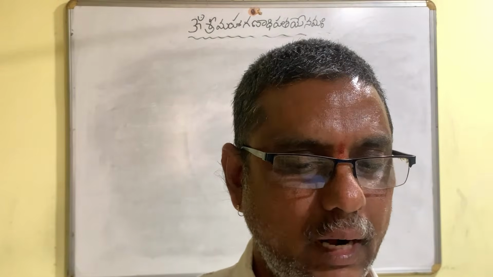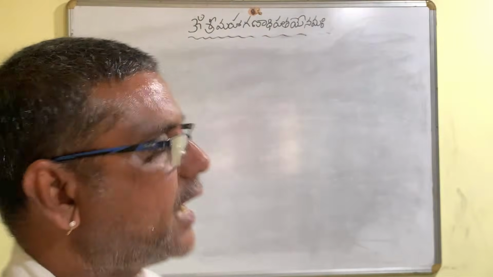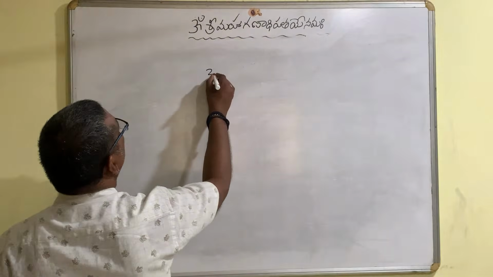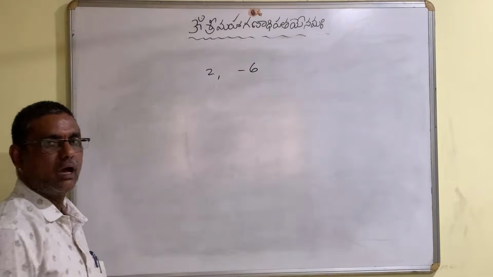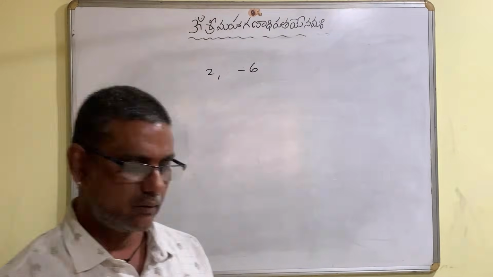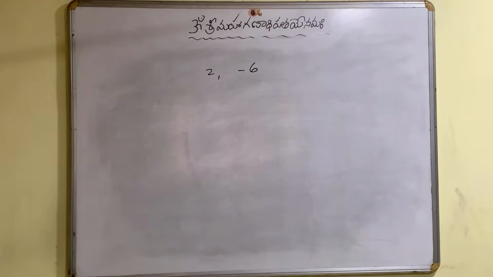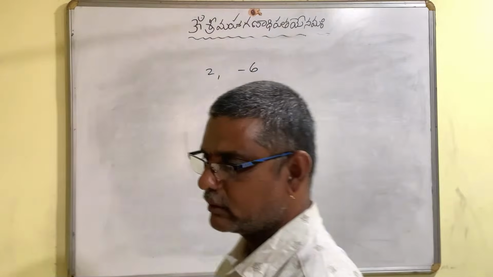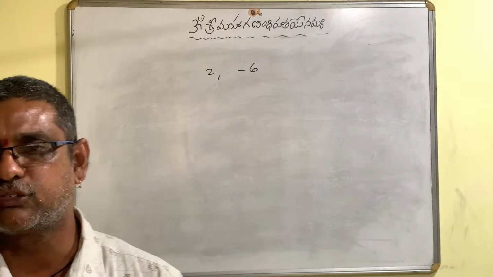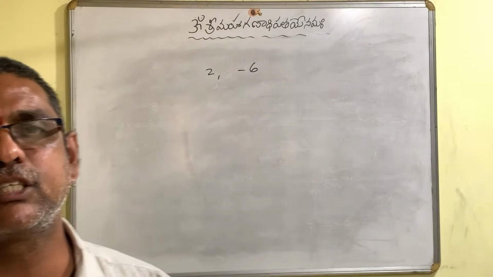Now find the quadratic polynomial whose zeros are 2 and minus 6. How to do this problem? Till now, a polynomial was given to us, we needed to find its zeros and verify the relation between zeros and coefficients.